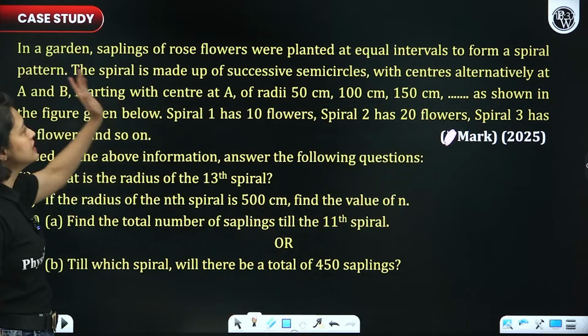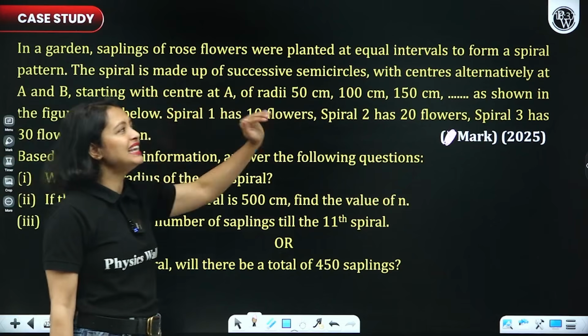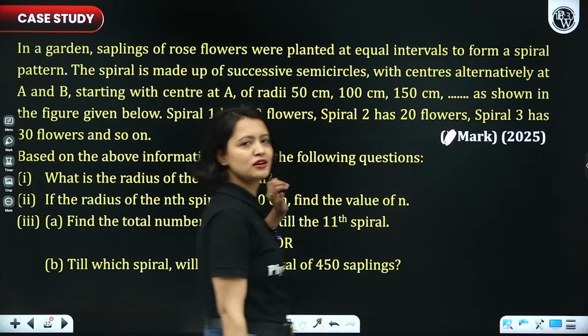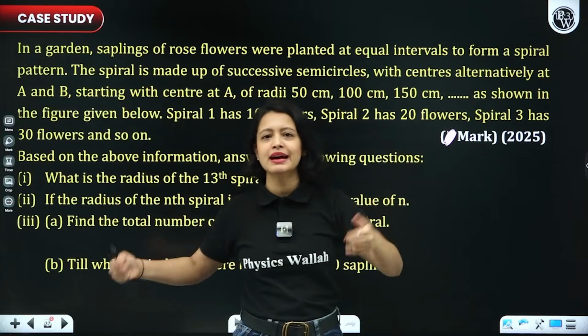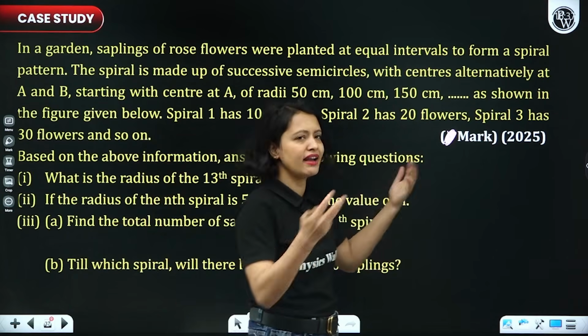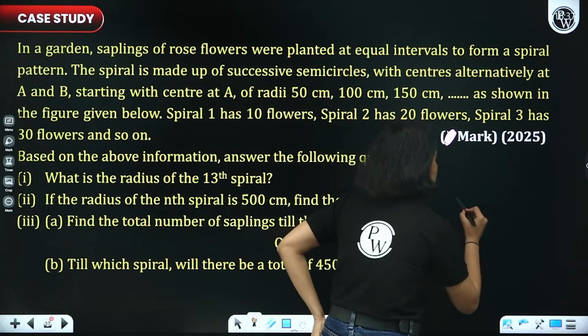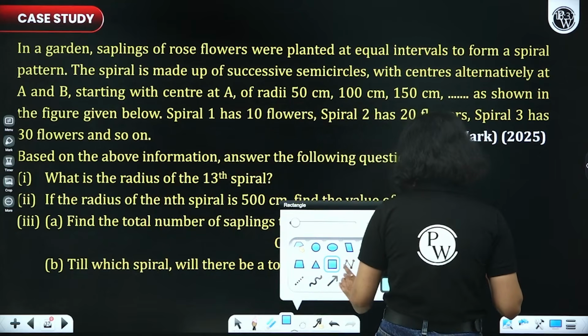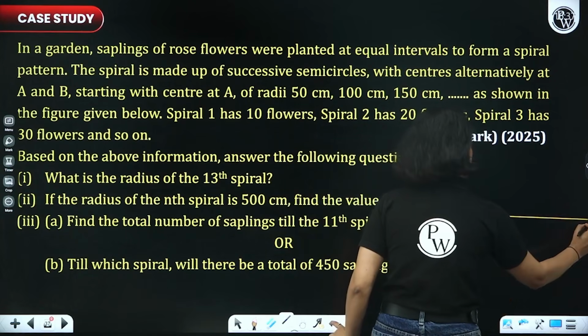So in a garden, saplings of rose flowers were planted at equal intervals to form a spiral pattern. Everyone knows what a spiral pattern looks like. So देखो, in your board exams, the diagram was given to you. Here I will make it for you. Let's understand the spiral pattern.